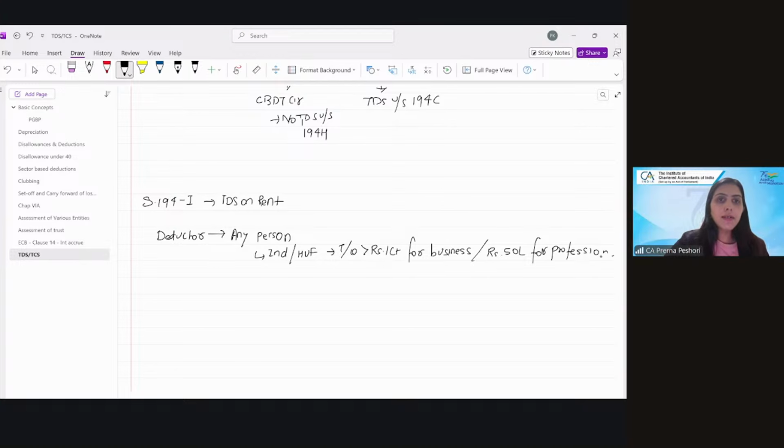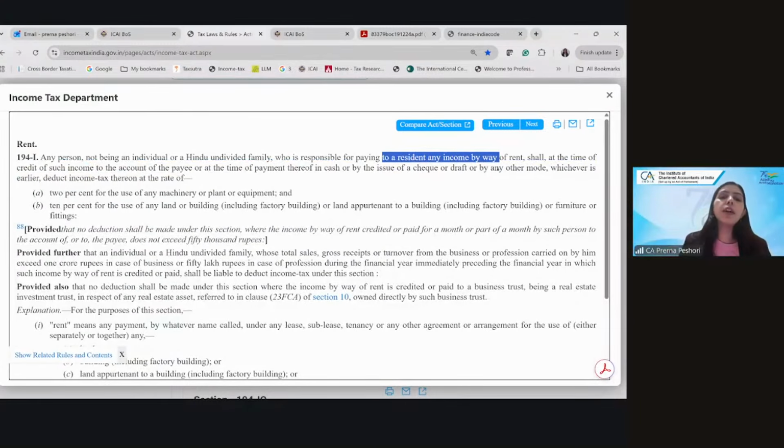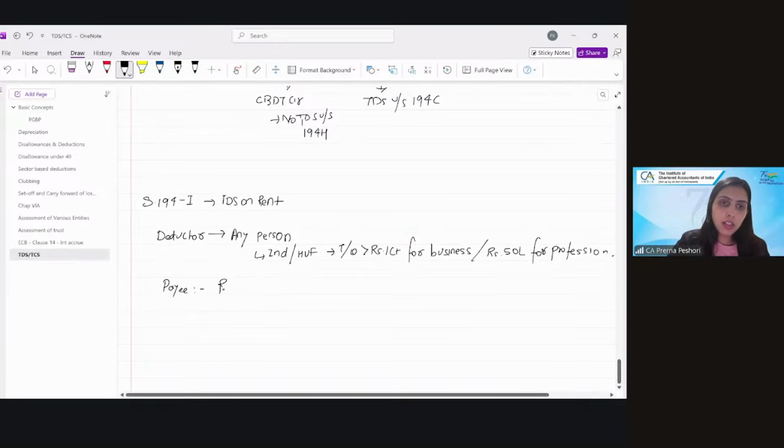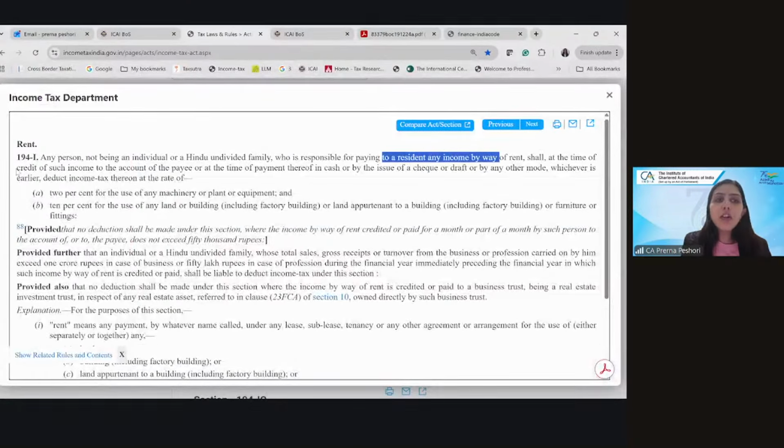Fine, students. Then, who is the payee here? Who is responsible for paying to a resident any income by way of rent? So this includes only a resident. Shall at the time of credit of such income to the account of the payee or at the time of payment thereof.